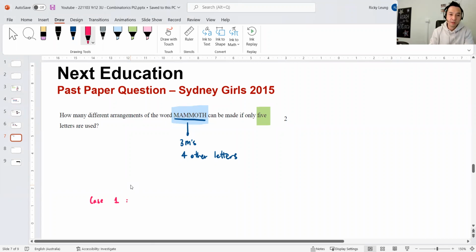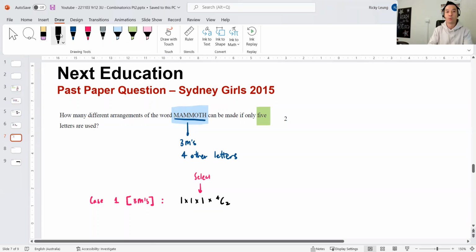Now with 3 M's, let's choose a case where 3 M's are selected. I know the selection is already 1 times 1 times 1 because all 3 M's are there. And then from the 4 other letters, choose 2. Just to be clear, this step here is always select.